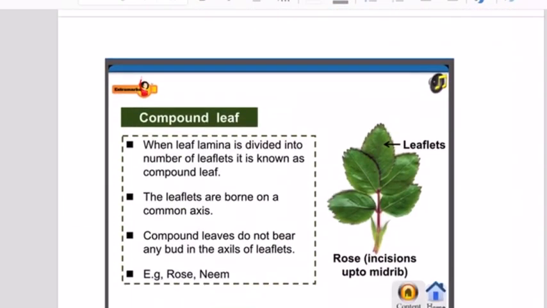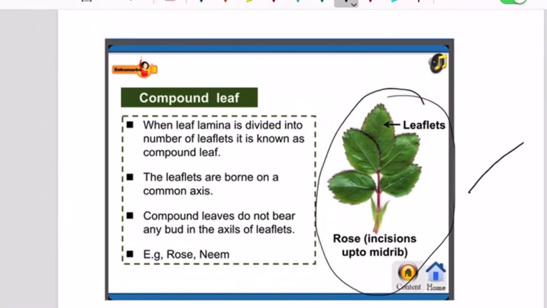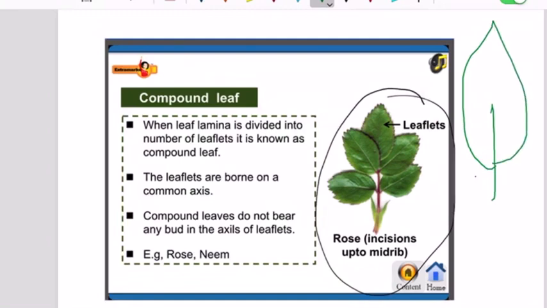All right, next we move on to the compound leaf. If you see the diagram itself, it is as if one big leaf is there, like this, and this big leaf had incisions, cuts.